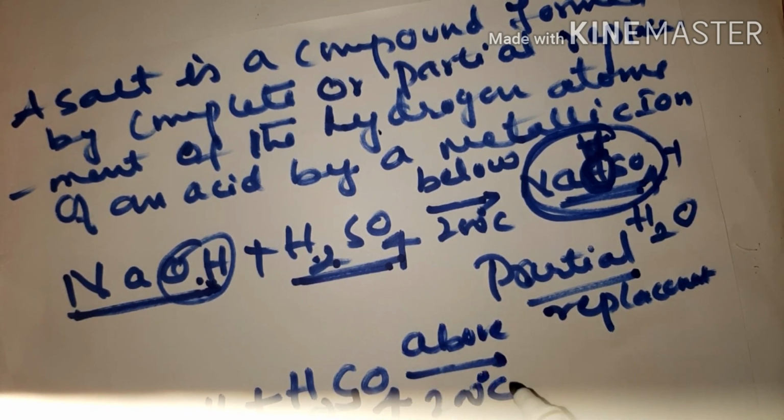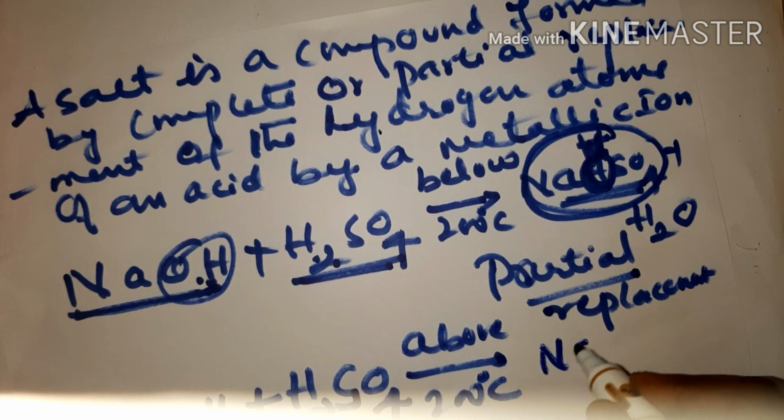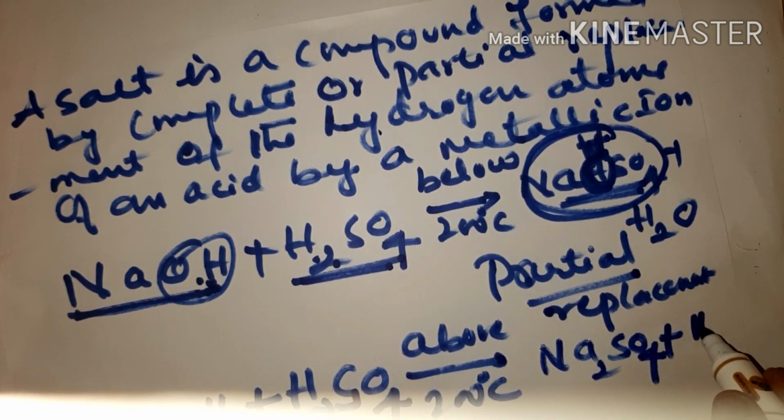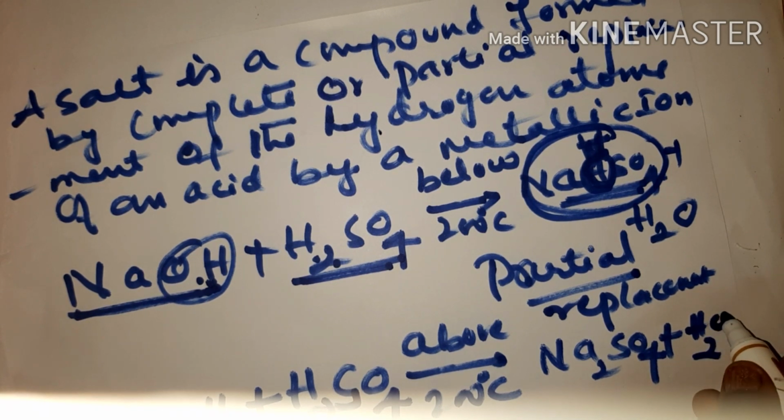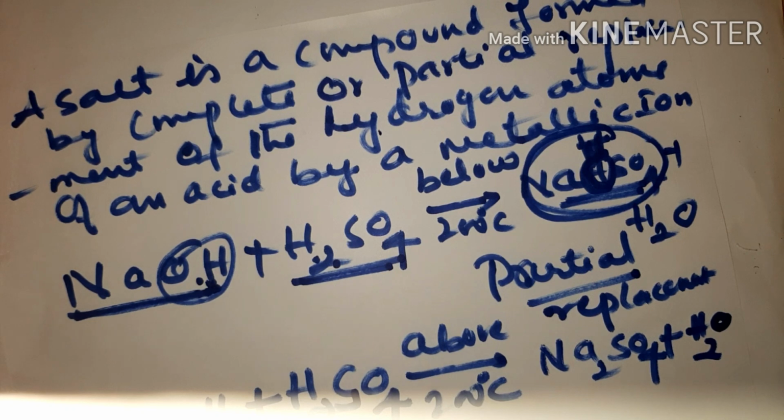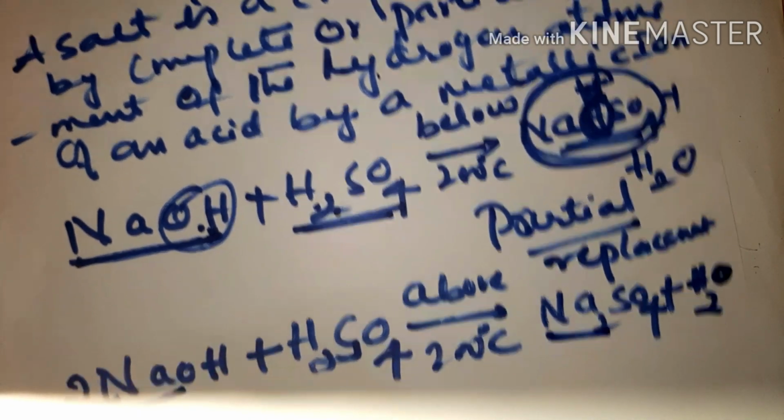When you take the same sodium hydroxide with acid above 200 degrees, if you apply more heat, you get Na2SO4 plus water. That is complete dissociation of hydrogen ions. The equation you have to balance. Na: here 2, so make it 2.